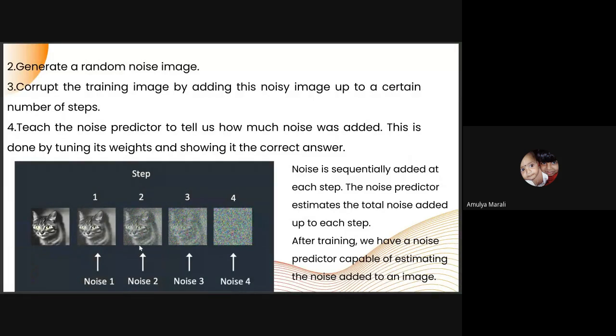Eventually, at the fourth step, you have nothing but noise. How you do it, as I explained before, is using Gaussian noise. Then you teach your noise predictor to tell how noise is added, which eventually starts predicting noise at every step. So UNet is a trained model that knows at what point the noise is. And using this, I'll tell you what we'll do.